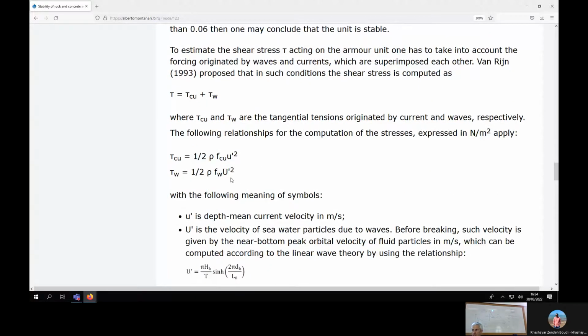These relationships say that the shear stress is proportional to the square of the velocity. As we know in hydrodynamics, the force that fluid flow exerts against an obstacle, the pressure, is proportional to the square of the velocity.